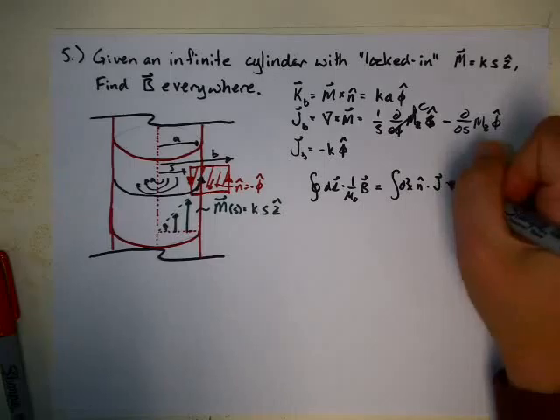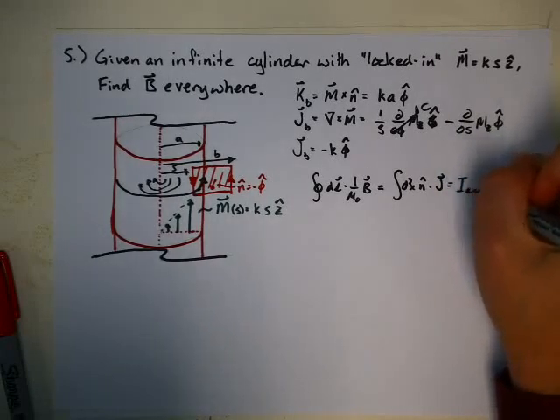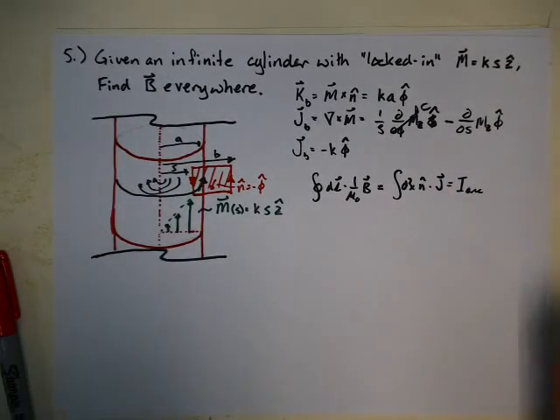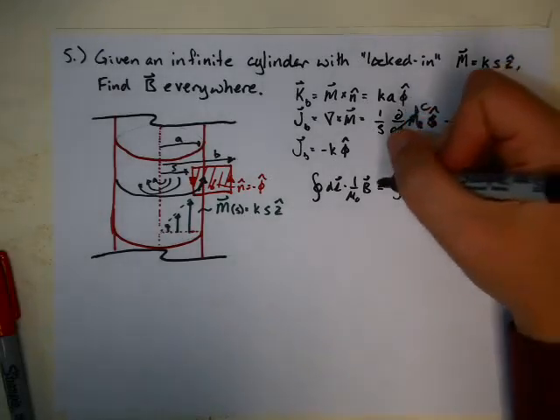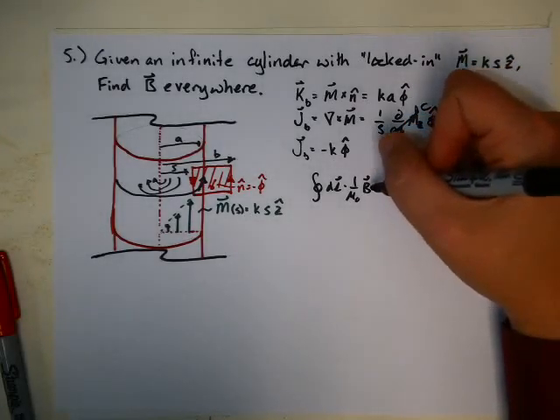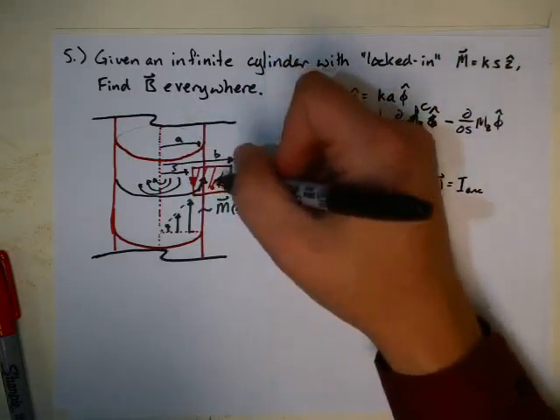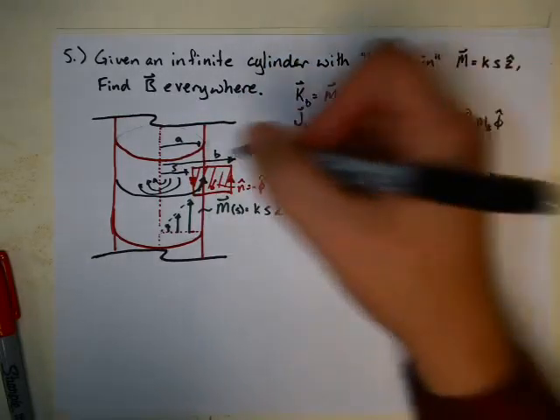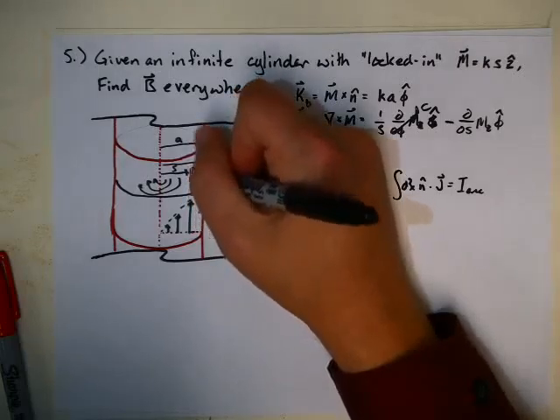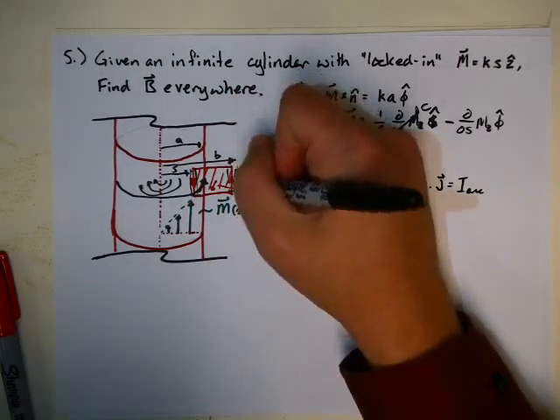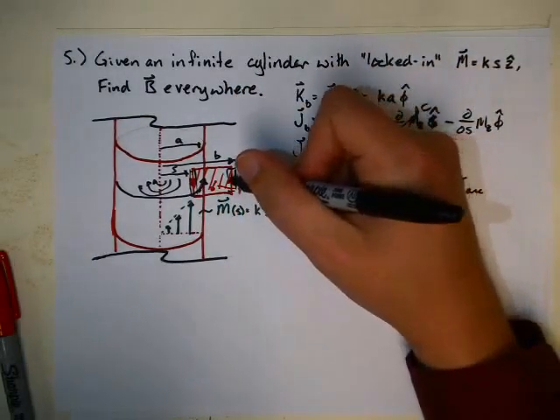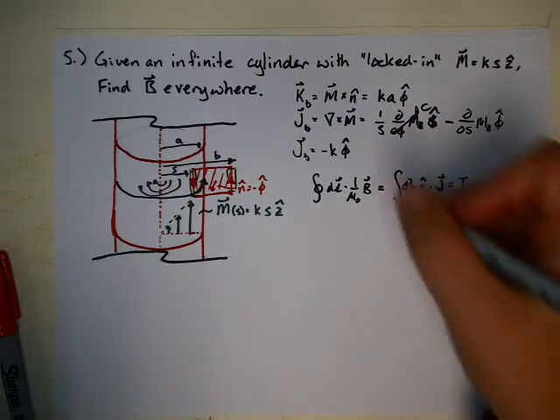So this is the I enclosed. Here we should note we're going to use symmetry to argue that B is only in the z hat direction. It is not in the s hat or phi hat direction. Because of that, we only get contributions from this loop and this loop. Furthermore, we've argued that the contribution from that loop is 0.